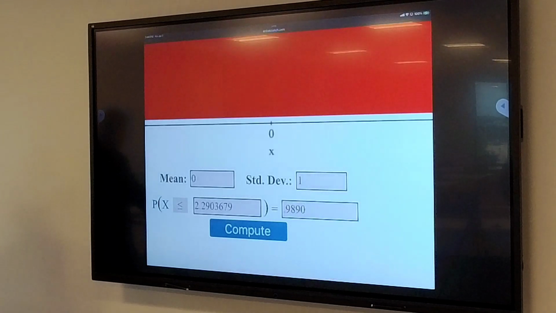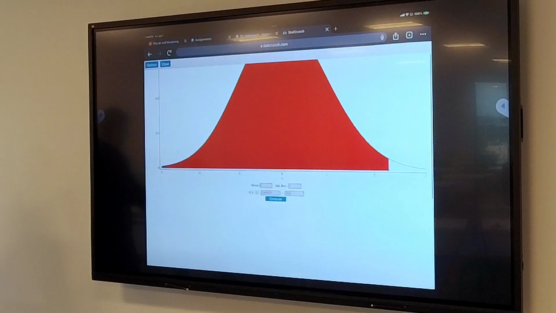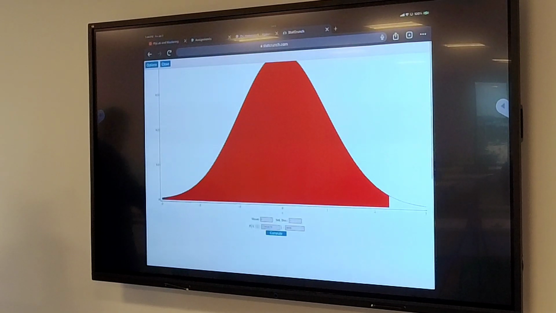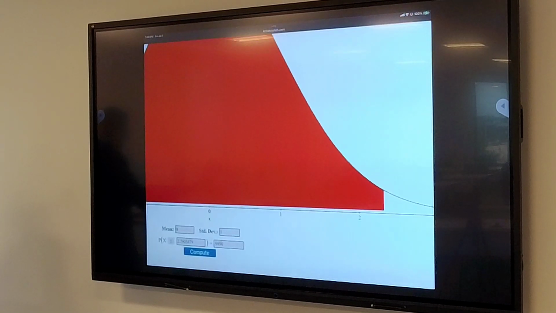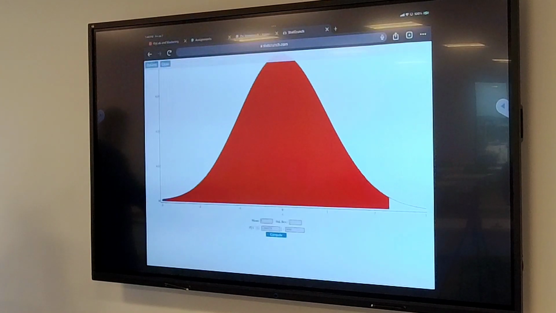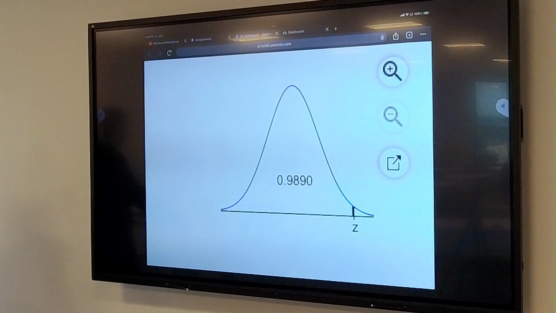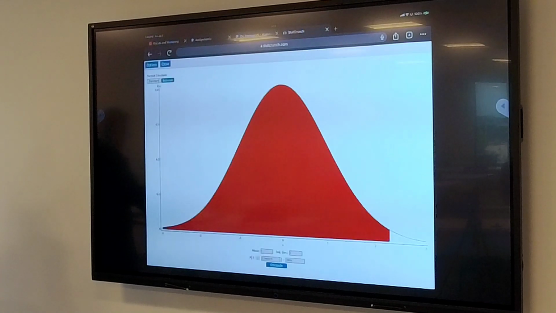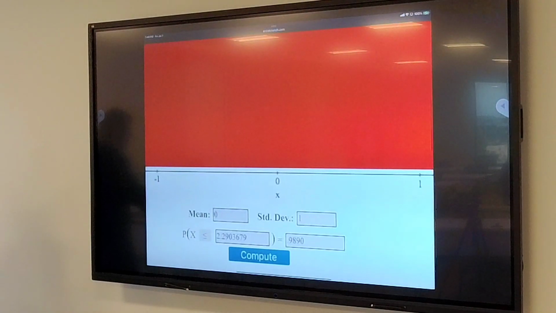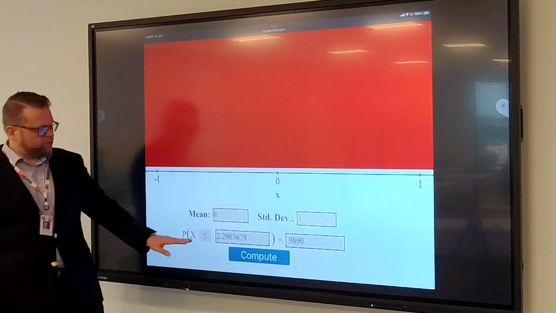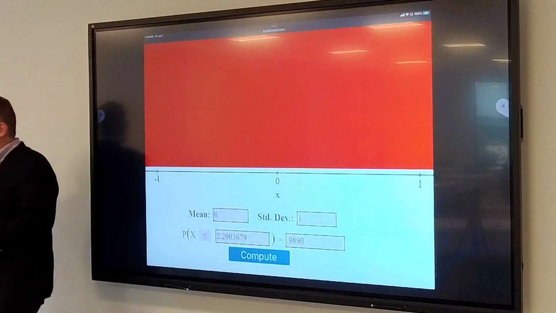If I just hit enter, it gives me the area to the left because of the less than or equal symbol, and that is what they wanted in this question. So the z-score, rounded to 2 digits, I would put 2.29.